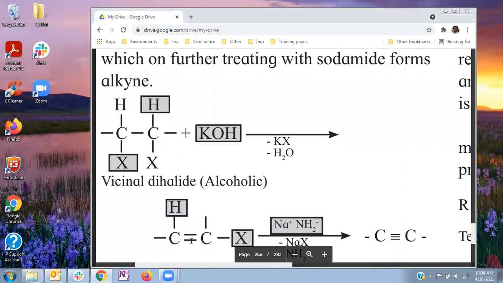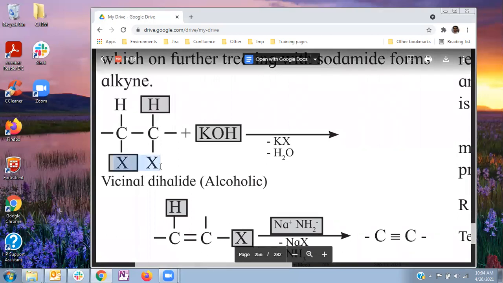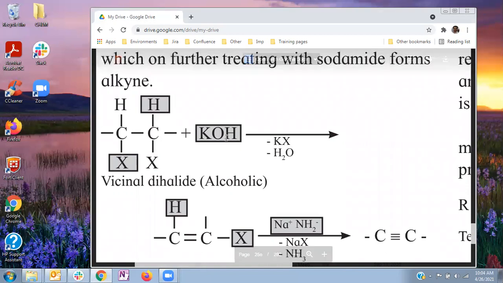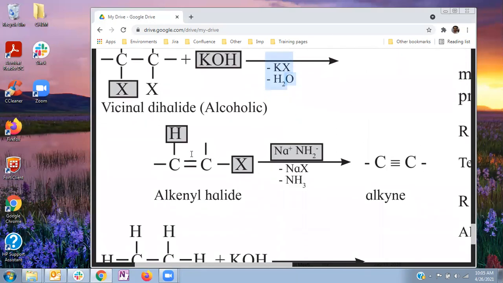The general equation: this is a vicinal dihalide containing two halogen atoms on adjacent carbons. Here one hydrogen and one halogen from opposite sides of this carbon-carbon bond are eliminated using alcoholic KOH. The side products are KX, that is potassium halide, and a water molecule. Since alcoholic KOH is used, elimination takes place.